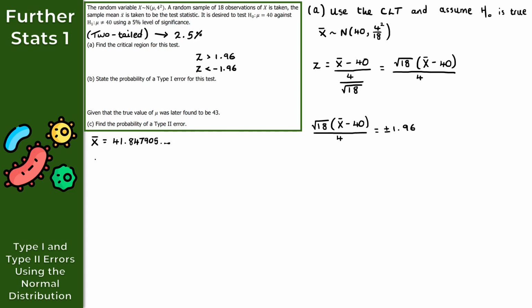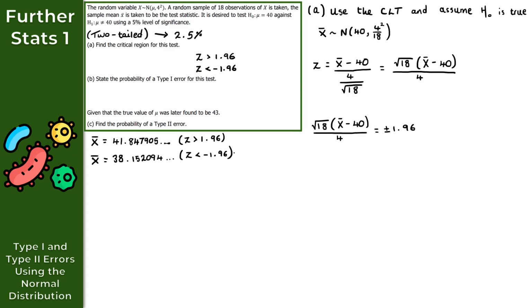So this is for Z being strictly greater than 1.96. And then my second solution for x bar, for Z being strictly less than minus 1.96, is 38.152094.